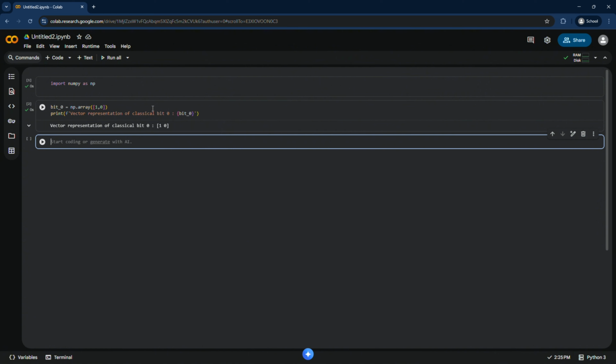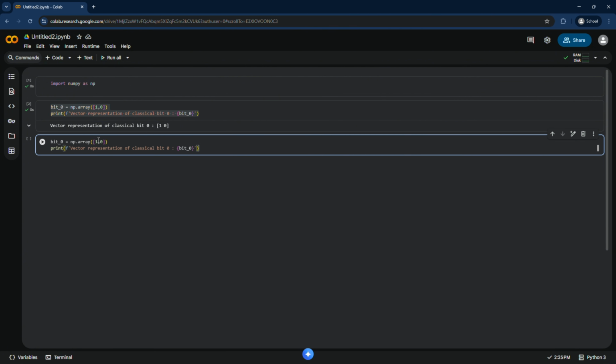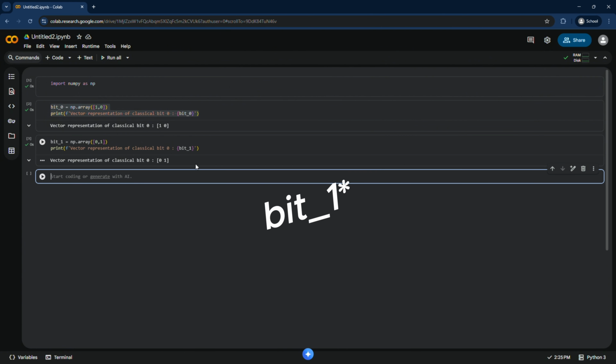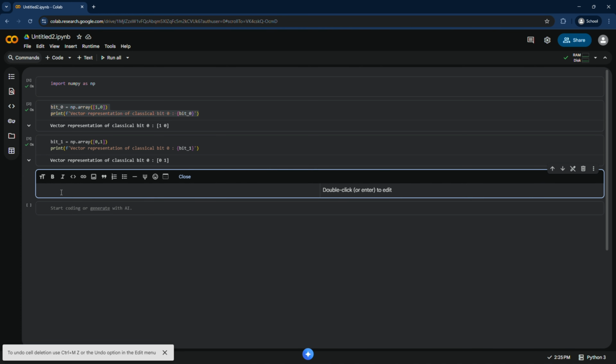Now you can see the vector representation of classical bit 0. Similarly, let's create the vector for classical bit 1. Now the 1 goes in position 1 and 0 goes in position 0, and this gives the vector representation of classical bit 1.